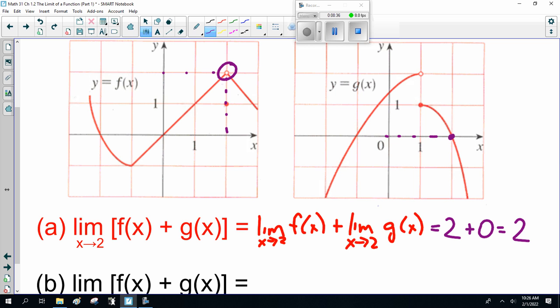It's a total of 2. All right? Now, point out a couple things here. The limit as x approaches 2 of f of x is 2, even though f of 2 is 1, a different number. It's the limit as you approach.